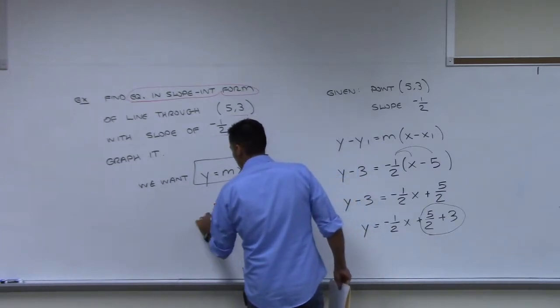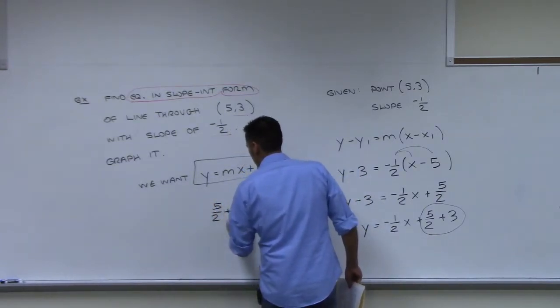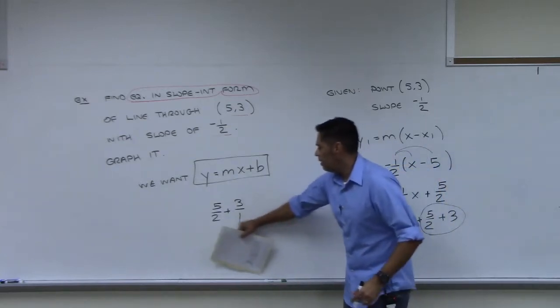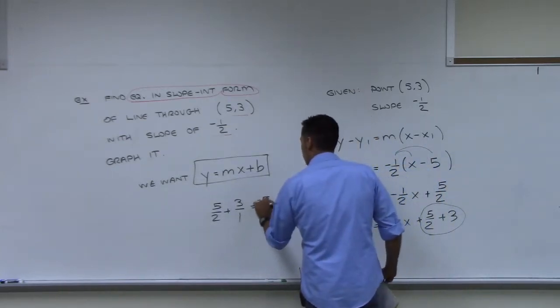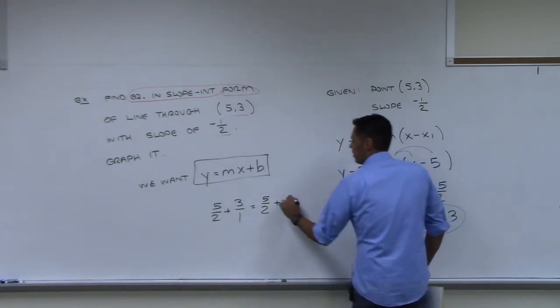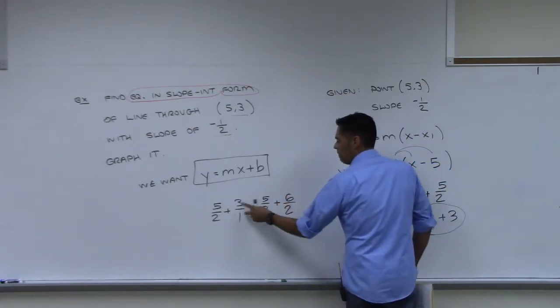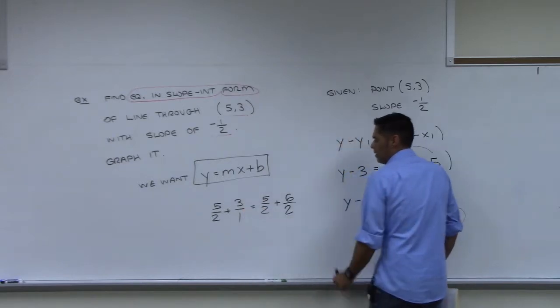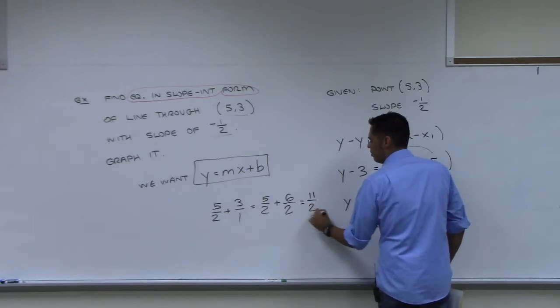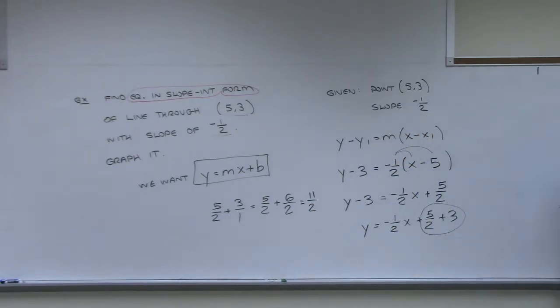If I'm going to do 5/2 plus 3, I'm really doing 3 over 1. And then get a common denominator. So this is 5/2 plus what? 6/2, right? Just multiplying top and bottom here by 2. And now you can add straight across. That's 11 over, keep the denominator 2, 11/2.